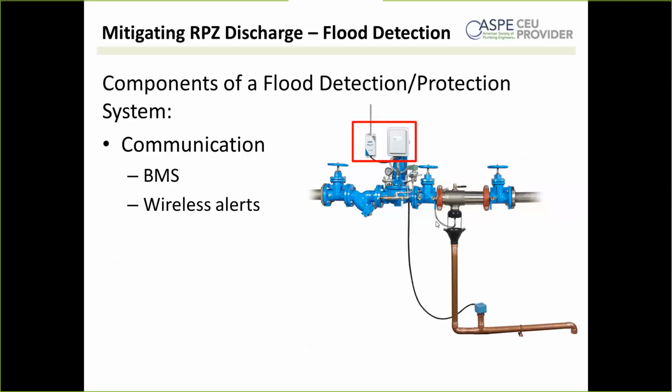Okay, I think we have one more question here. Which model RPZs have relief valve position indication for use with automatic water shutoff? Sure. I can tell you that it's not Watts. The other big manufacturer, right?